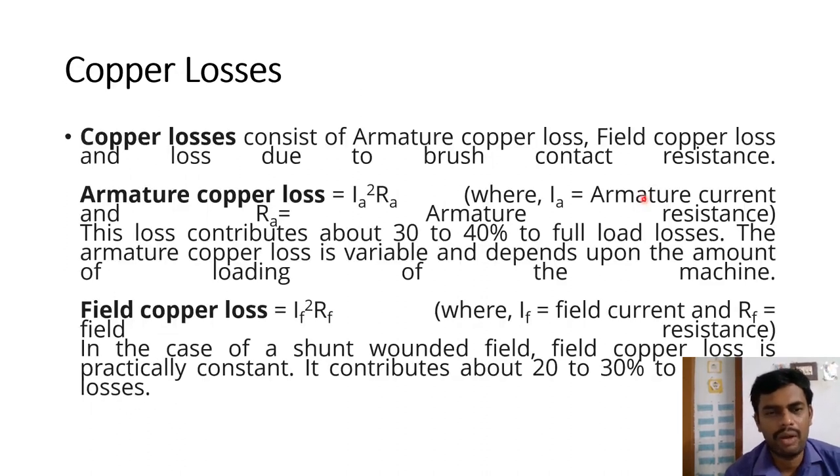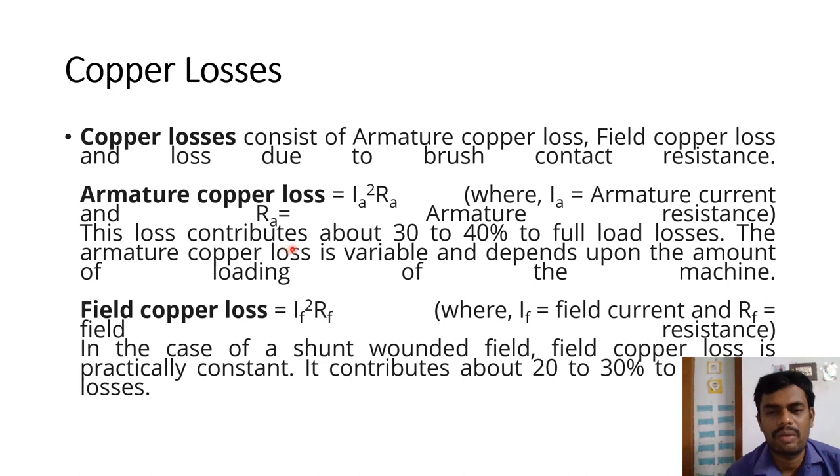Coming to the copper losses, they consist of armature copper losses, field copper loss, and brush contact drop. Next, coming to the armature copper losses. Copper losses are generally represented by I square R losses. Here, since it is armature copper loss, it is IA square RA, where IA is the armature current and RA is the resistance of the armature winding.